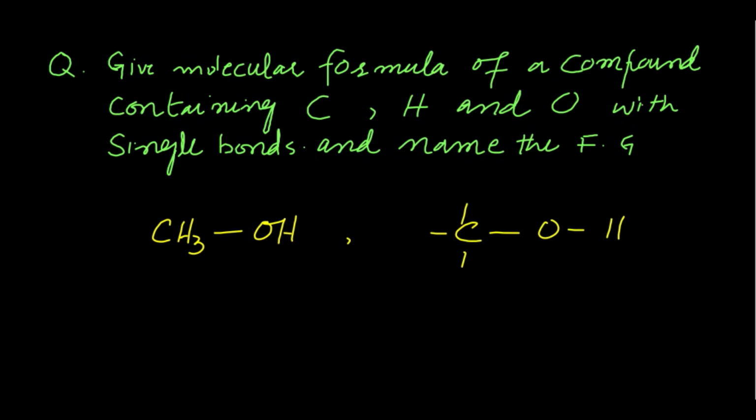This is the structural formula of this compound. Here we observe that all the atoms, carbon, hydrogen and oxygen, are connected with the help of single covalent bonds. Now students, identify this functional group. What is the name of this functional group? We know if an alkyl group is attached with a hydroxyl group, then the functional group is alcohol.